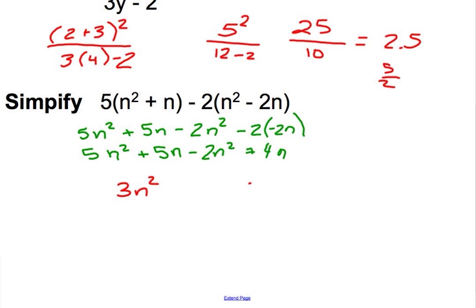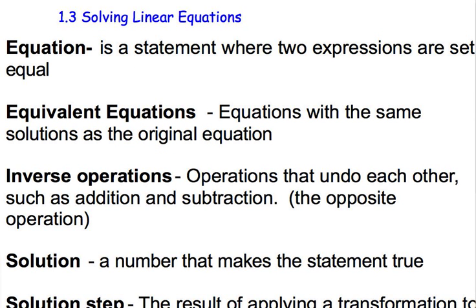And 5n plus 4n, both positive, so add them. 9n. And that's as far as you can go with that problem. These are not like terms, so you cannot combine anymore. Okay, that is it for this problem.